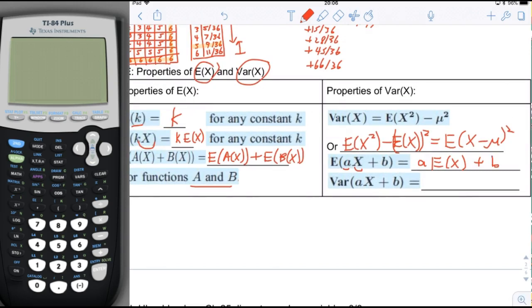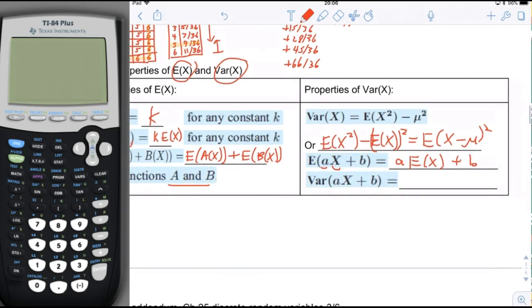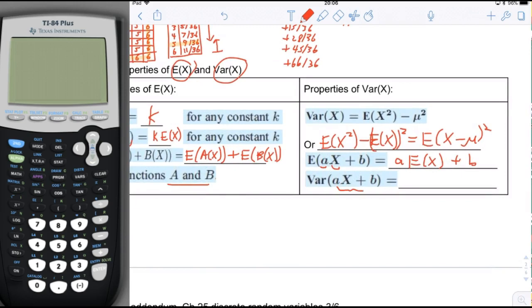Okay? And last of all, what is the variance of the same random variable? So, the funny thing about variance is if you keep adding, like let's say that I have a die, and every time I roll it, I add 3 to it. So instead of 6, I get 6 plus 3. Instead of 2, I get 2 plus 3.